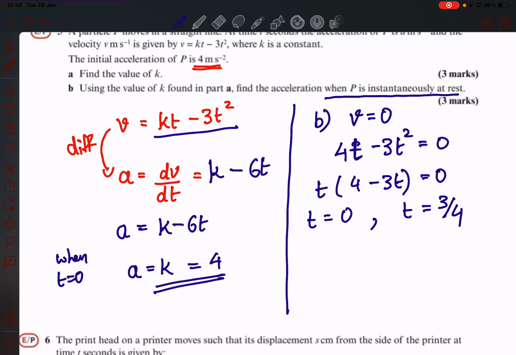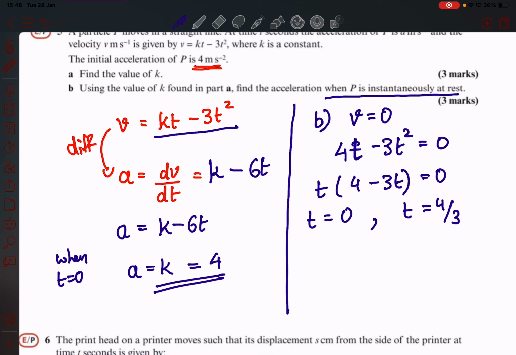So we have to find out the acceleration when t is equal to 0 and when t is 4 over 3.